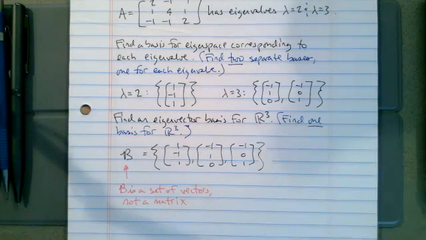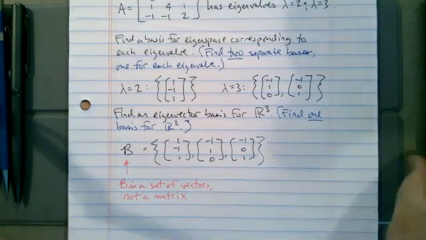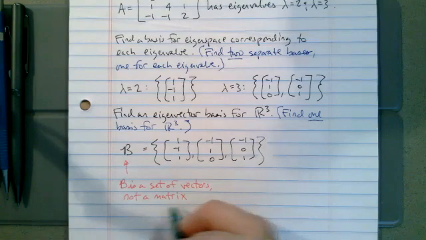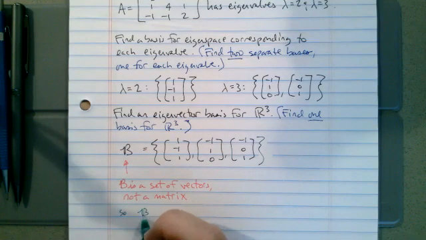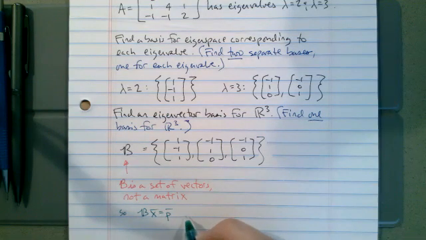Since B is a set of vectors and not a matrix, we can't use B in a matrix equation. So the equation Bx equals P doesn't make any sense.